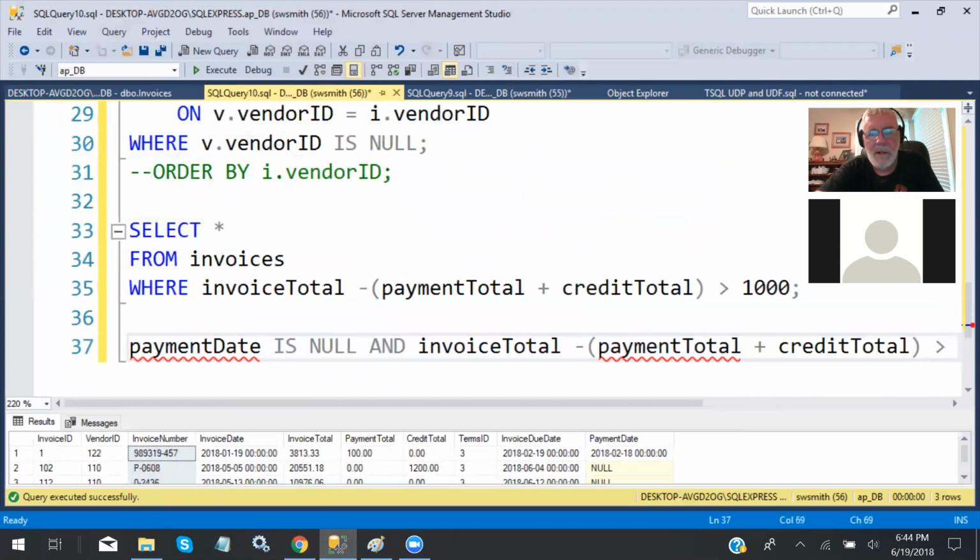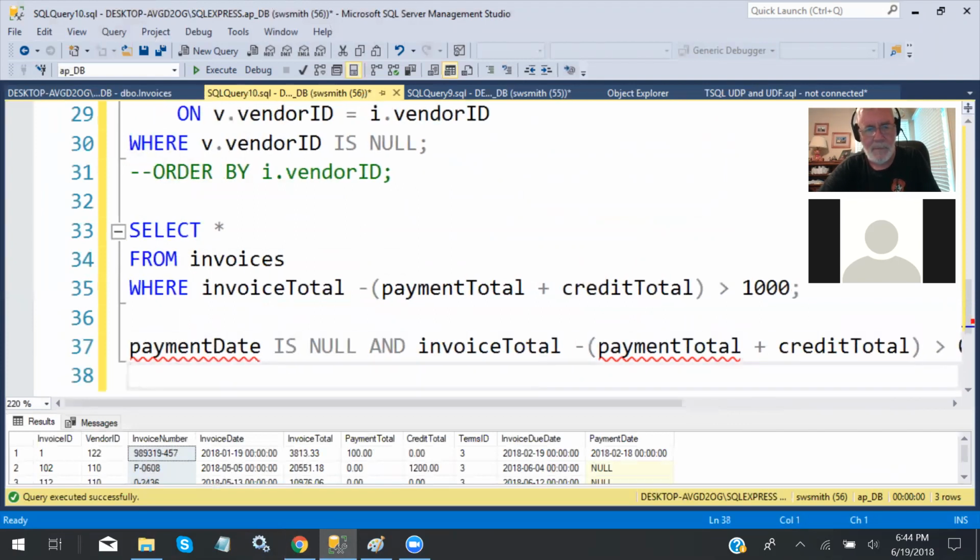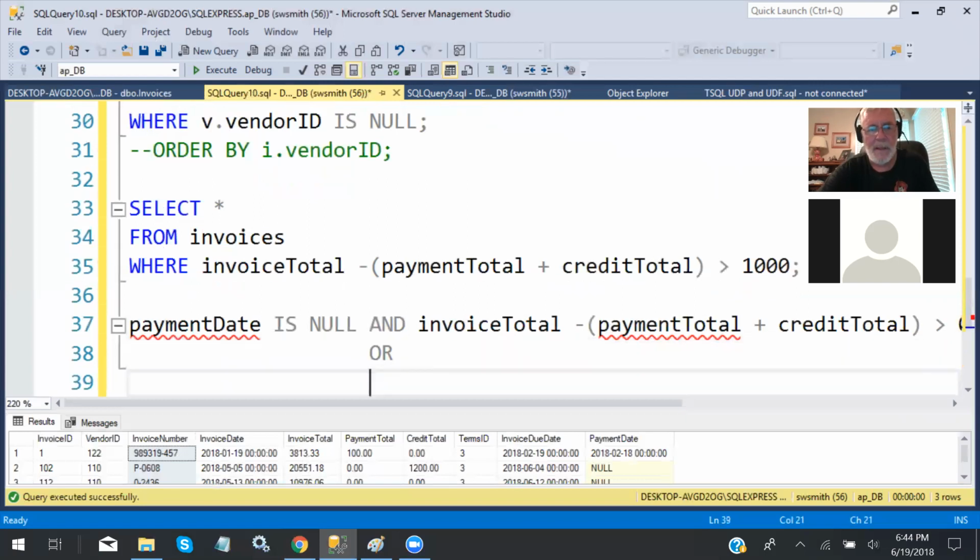Payment date is null and invoice total, this is the balance due, is greater than 0. We agree with that? There's another where clause. Or, this is another way. And is going to get evaluated before or, so we're in good shape there. And this one says payment date is not null.